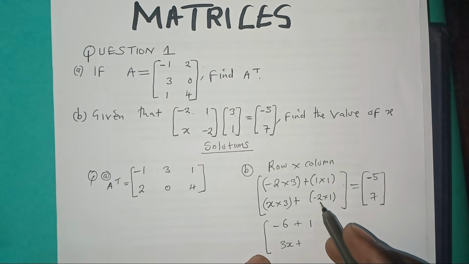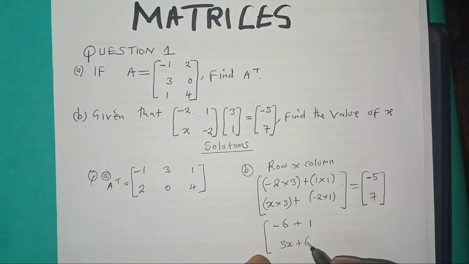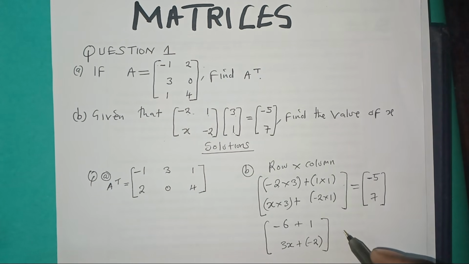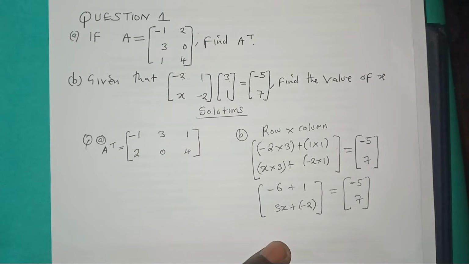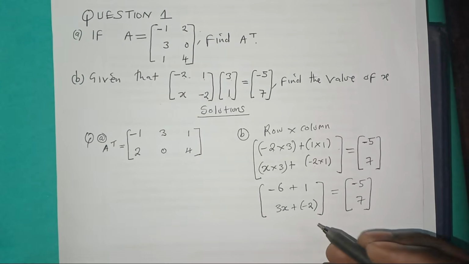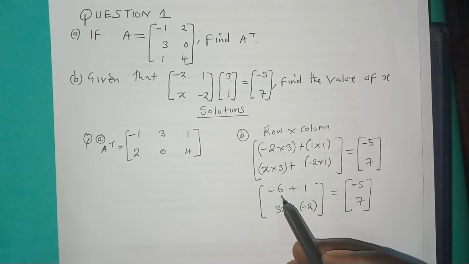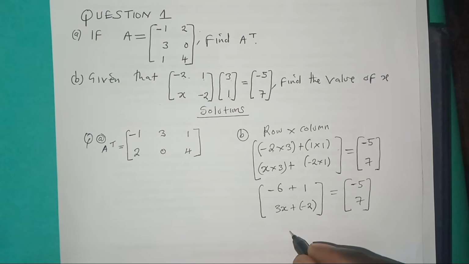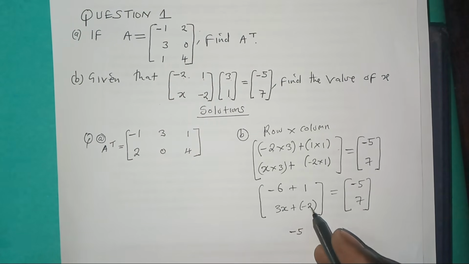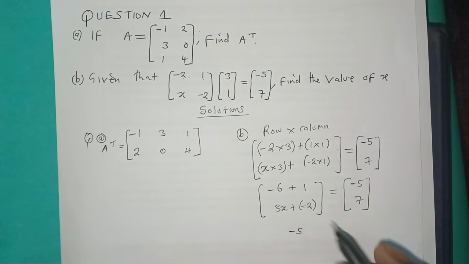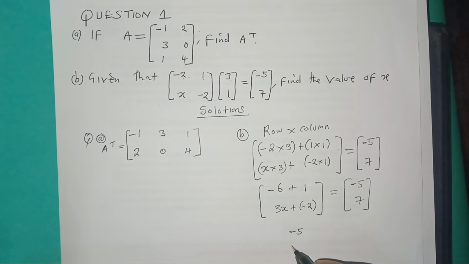Then plus -2 times 1, we get -2. This again shall be equal to the same matrix that we have here. So -6 plus 1 gives us -5, and then 3x plus -2. A positive times a negative gives negative, so we simply get 3x minus 2.